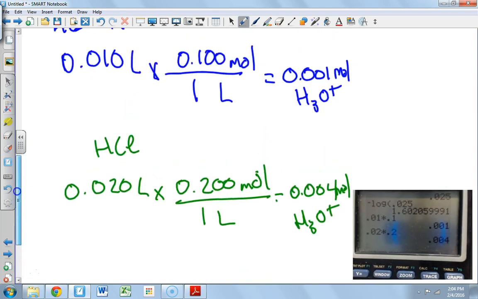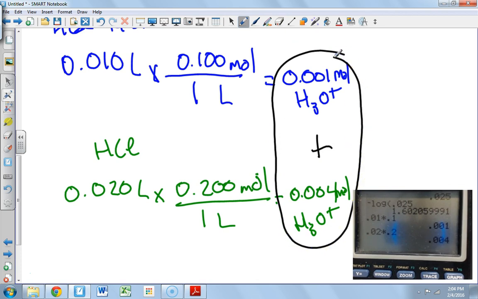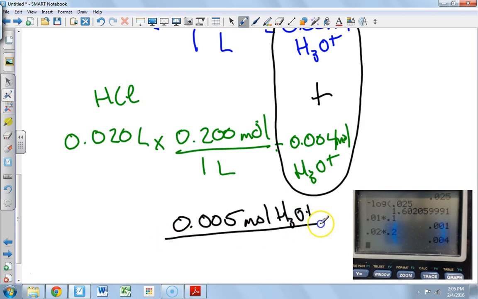The total amount of H3O plus is going to be this number of moles plus this number of moles. So we have 0.005 moles of H3O plus divided by 0.030 liters.